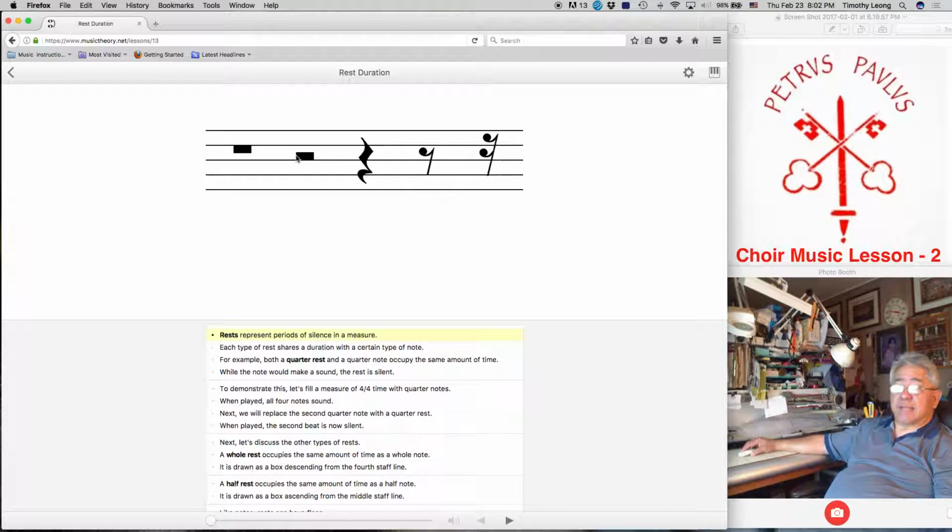Right, 3/8, half a 6/8. Okay, so you'd obviously have 3/8 notes somewhere in the bar, and then you'd see this guy. It all has to add up. If it doesn't add up, something's wrong.